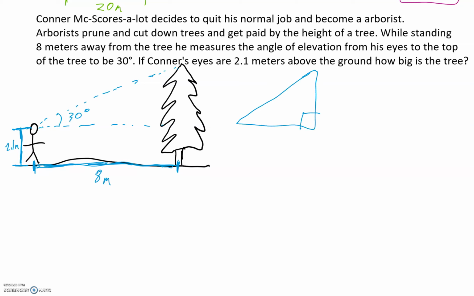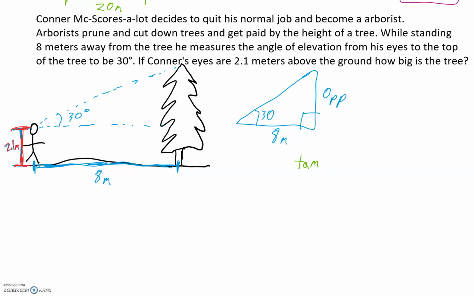We have a triangle like this, 30 degrees like this, 8 meters like this, and we need to find this opposite side. The issue is we can't forget to add the 2.1 meter eye height at the end. That is where most people will mess up, or they put the 2.1 in the triangle, which it is not in the triangle. So anyways, let's go ahead and solve this.